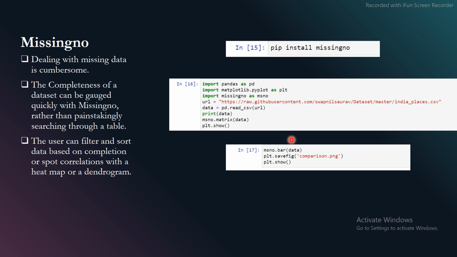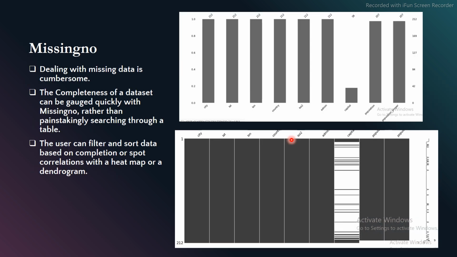The completeness of data can be gauged quickly with the missing numbers, rather than going and searching through the tables one by one. So it saves you time and tells you how much data is missing and how much you have to fill. It gives you that kind of information in visual form.